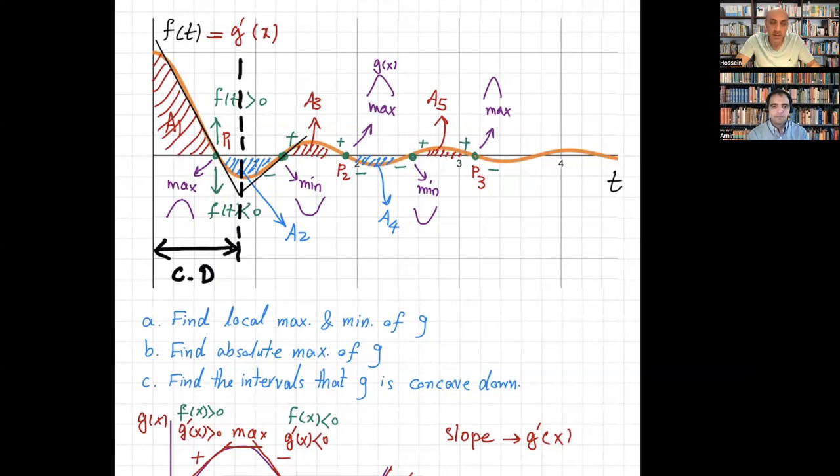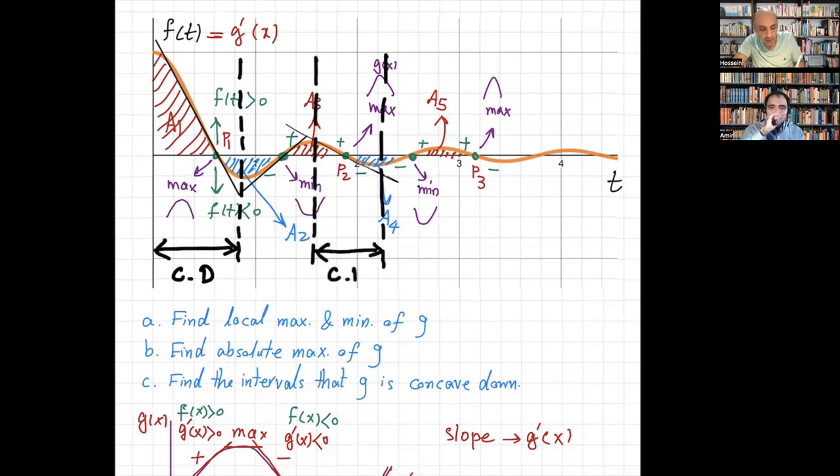This is not the only interval where G is concave down, because if we move down the curve, we see that the slope here is negative. That's why from here to here is another interval where G of X is concave down.